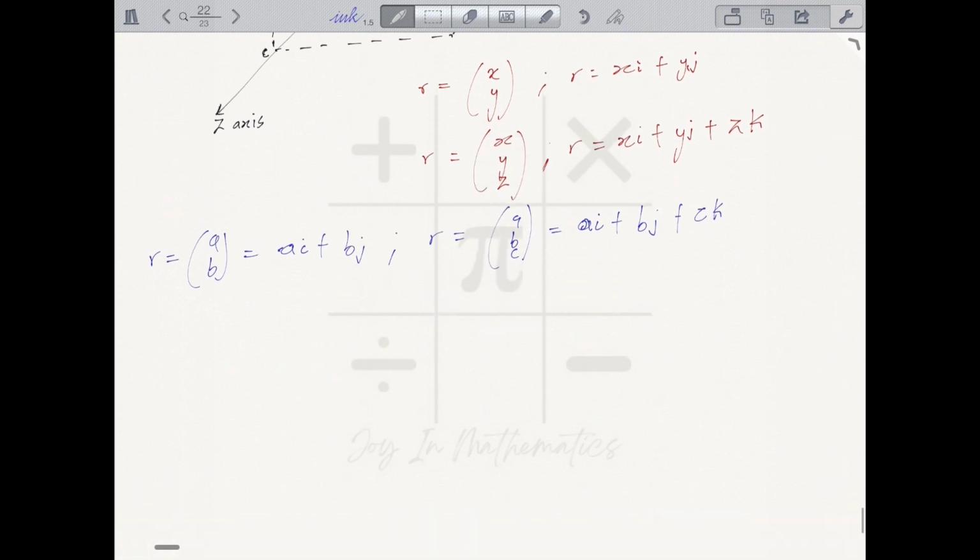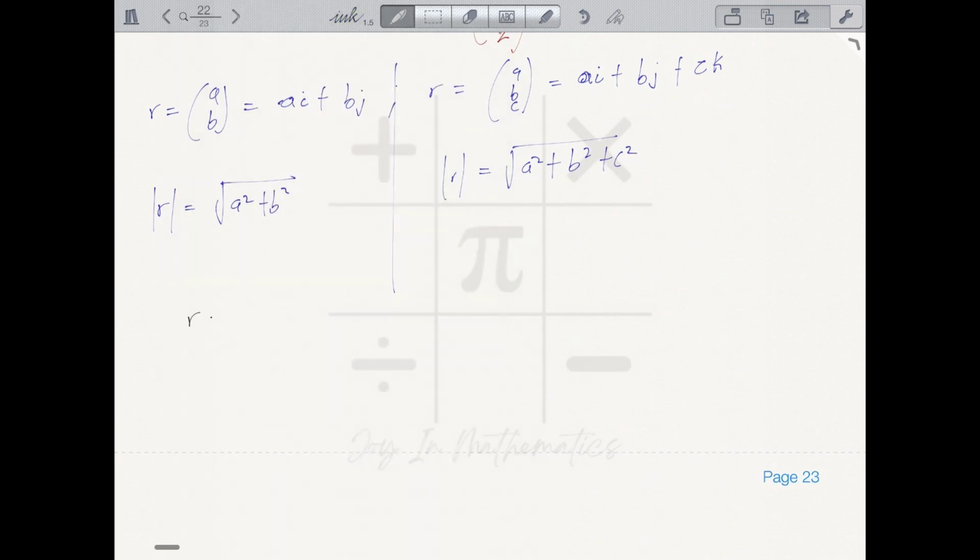Now we are familiar with how to calculate the magnitude of a column vector of two components. How about the magnitude of a column vector of three components? We know that the magnitude of r here is the square root of a squared plus b squared. However, the magnitude of r in this case is the square root of a squared plus b squared plus c squared. Let's take an example.